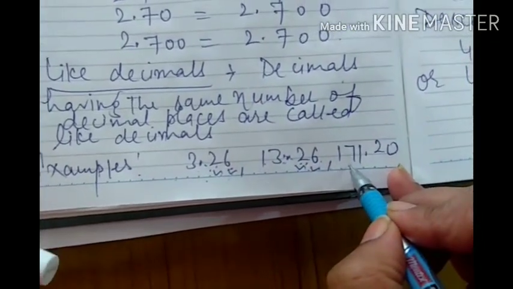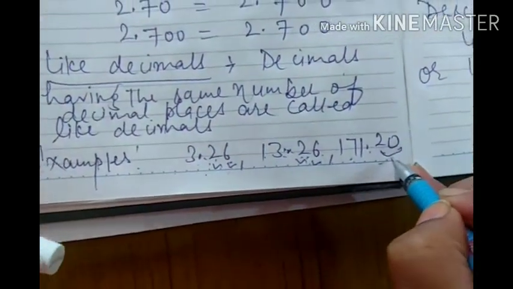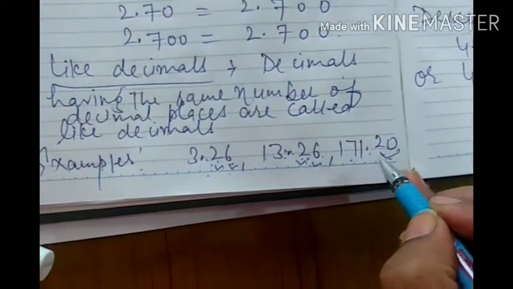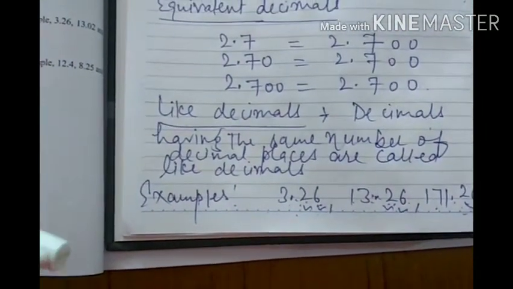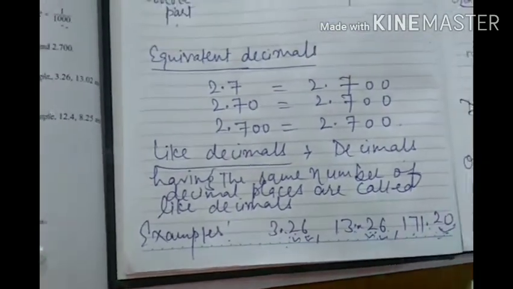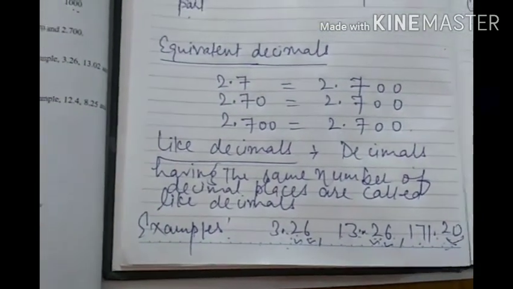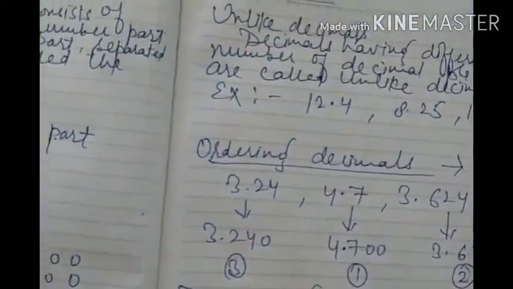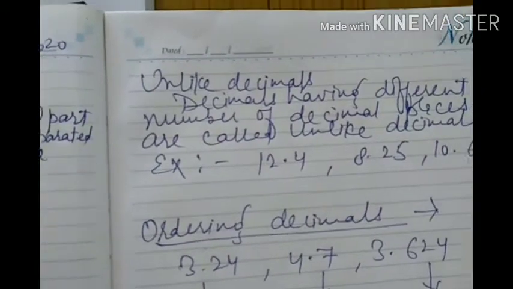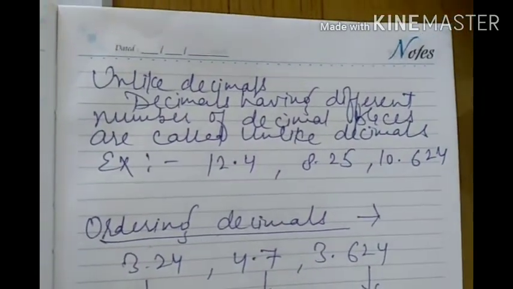And this is the number 171.20, after the decimal again 2 digits, 2 and 0. Then decimals having the same number of decimal places are called like decimals. Then comes unlike decimals.